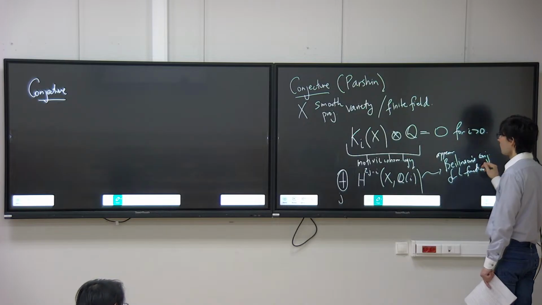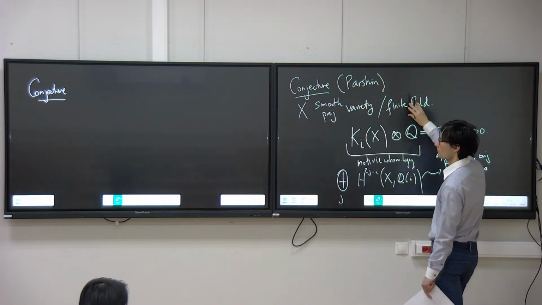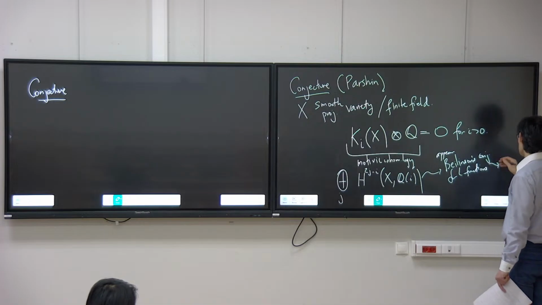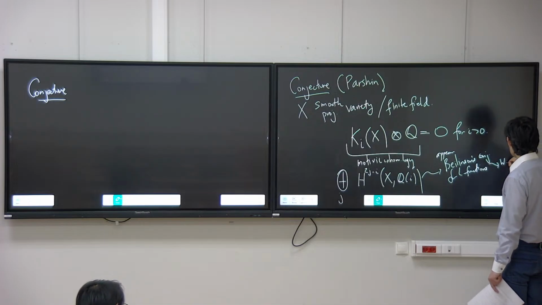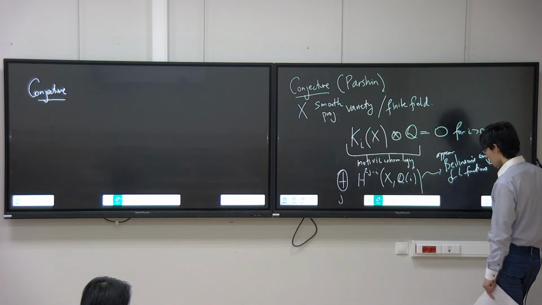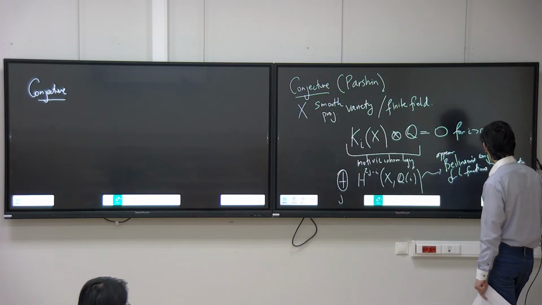I mean, the L-function of a smooth projective variety over a finite field is basically the Weil zeta function, which appears in Weil's conjectures.